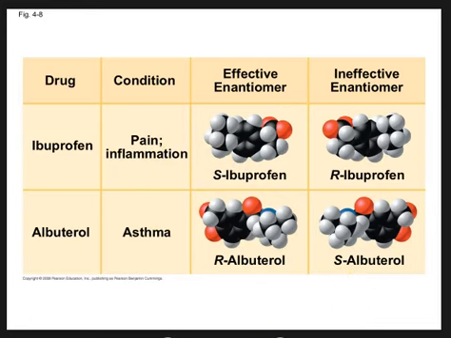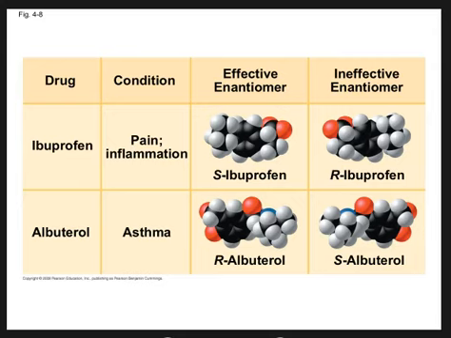Ibuprofen, as you probably know, is used for pain and inflammation. It will block the site for the prostaglandin uptake. I have a very effective enantiomer called S-ibuprofen. But if we take the exact mirror image of that, what we end up getting is a very ineffective enantiomer called R-ibuprofen, and it doesn't work at all.